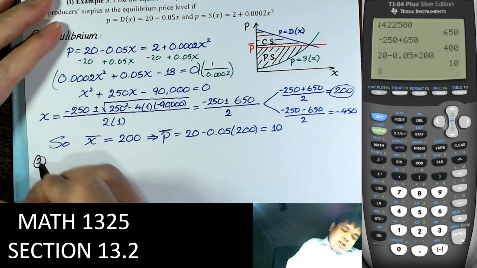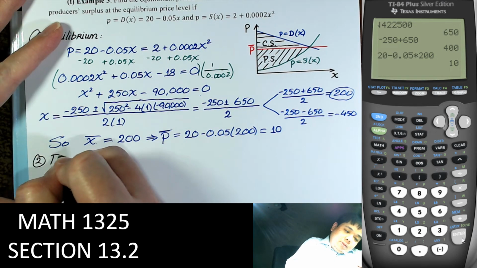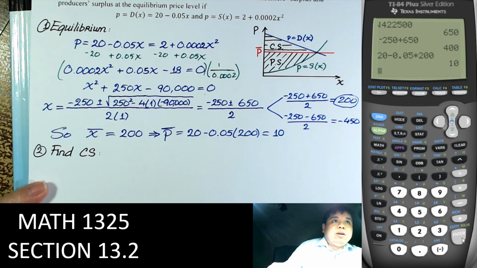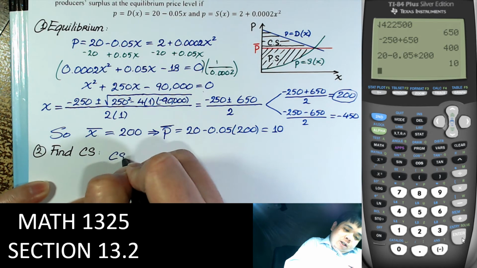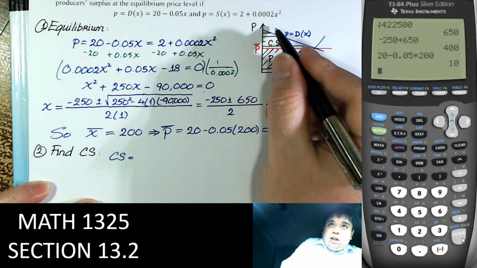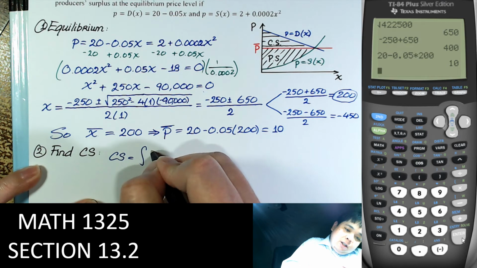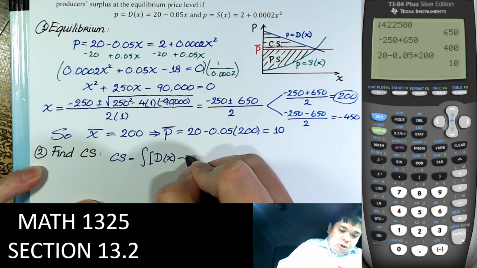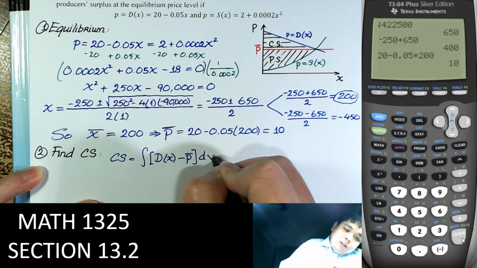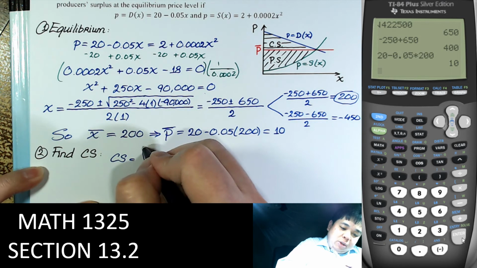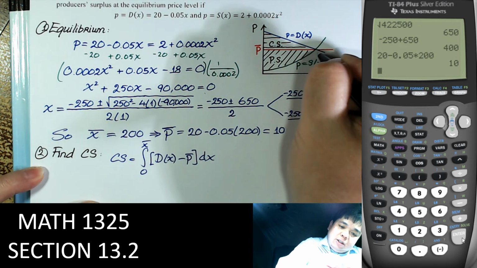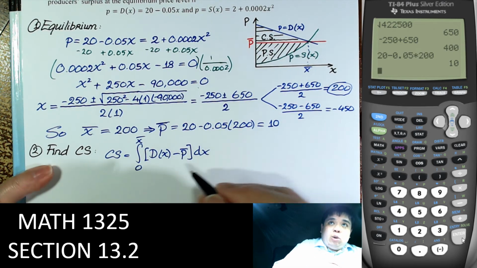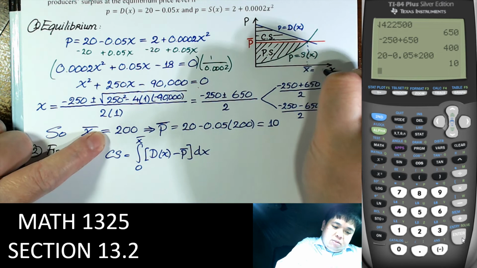So let's find the consumer surplus. The consumer surplus is above the price, so we take the price demand function, subtract the equilibrium price, going from 0 to X bar, which is 200.